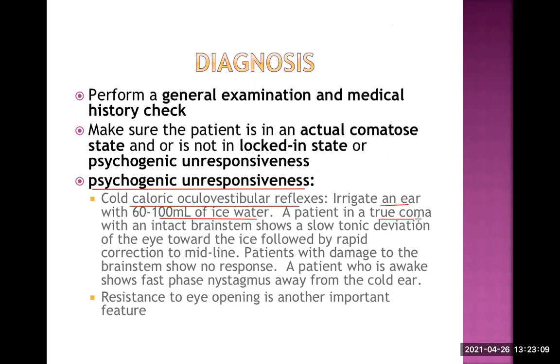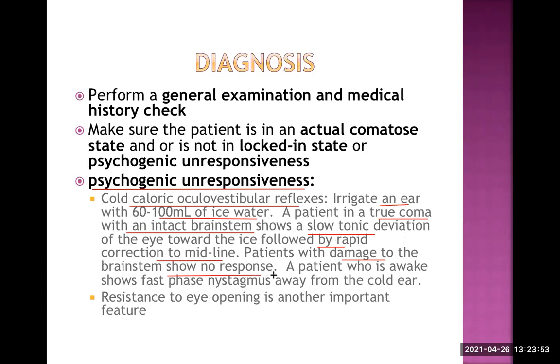A patient in a true coma, not caused by a psychiatric condition, with an intact brainstem, shows a slow tonic deviation of the eye towards the ear which you have irrigated, followed by rapid correction to midline. Whereas patients with damage to the brainstem show no response, because these reflexes are controlled by the brainstem.